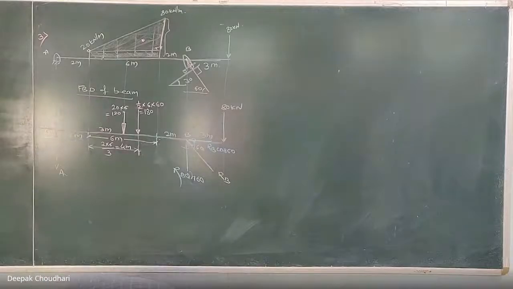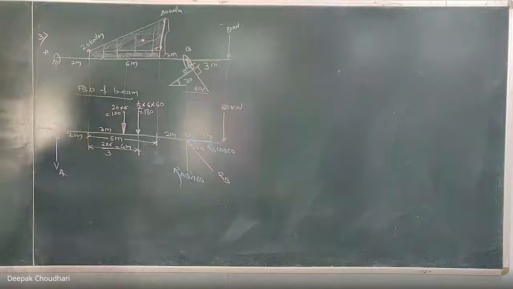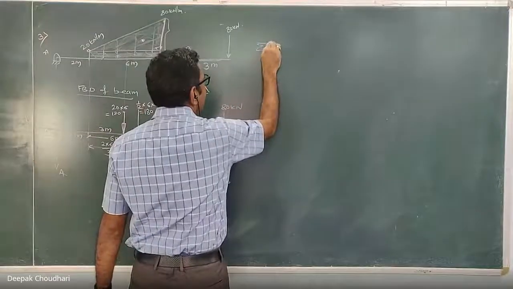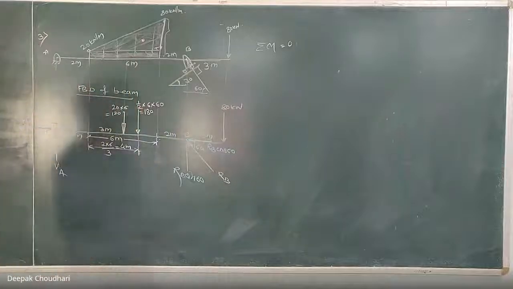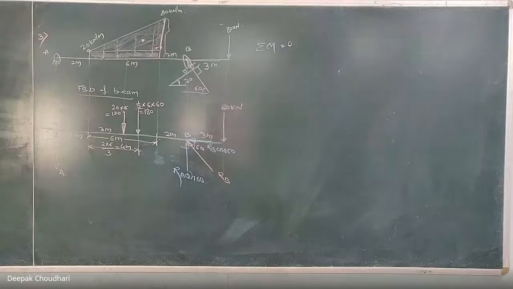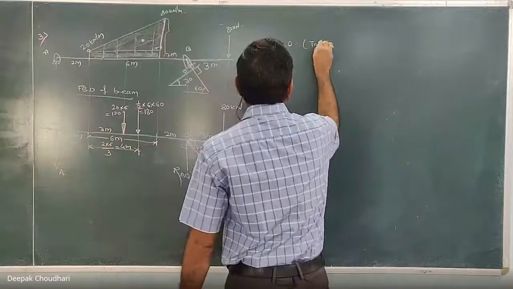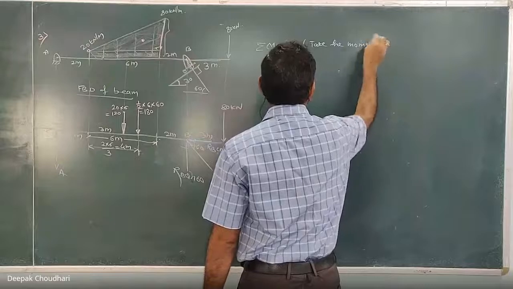Now in general force system, when we apply the conditions of equilibrium, personally I suggest that first use the moment condition. First use the moment condition. Hard and fast नहीं है, but first use the moment condition. And where to take the moment? In equilibrium, select the moment center.